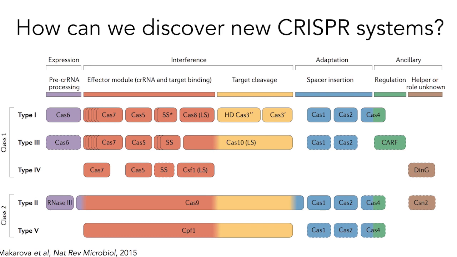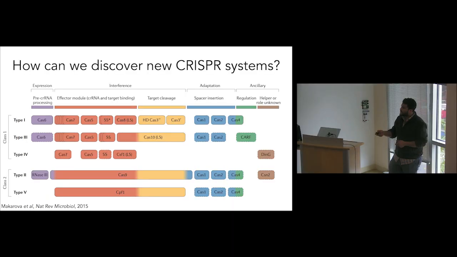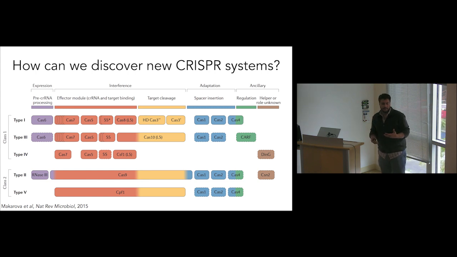To do this, we looked at what proteins would be highly conserved across all CRISPR systems, to come up with new signatures for pulling out different systems. What's really interesting when you look at the different types of systems, type 1, 3, 4, the type 2 systems which have Cas9, and type 5 which have Cpf1, is that almost all of them contain Cas1 and Cas2, the proteins important for the memory of an infection.